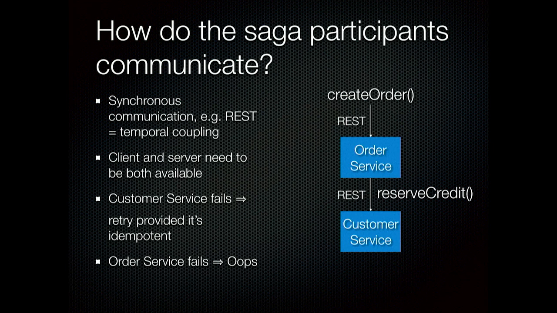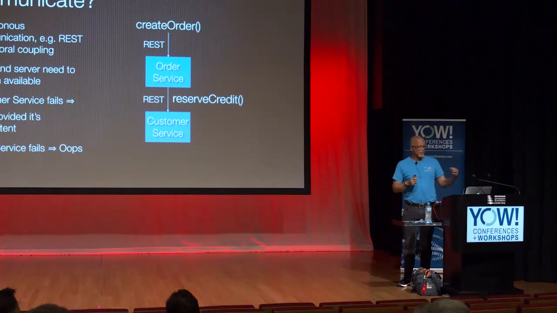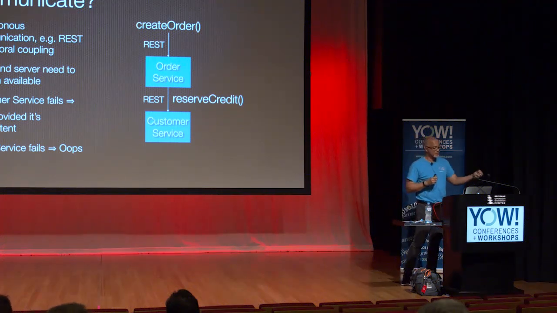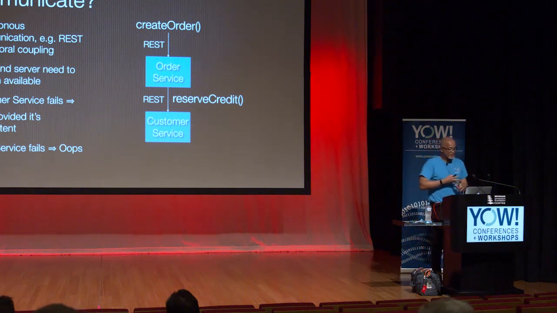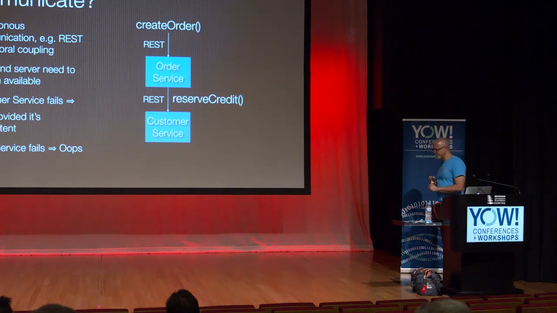And then the other issue you run into is how to recover from failure. So the customer service could fail. That's a simple recovery because the order service could just keep retrying until it succeeds, assuming that the reserve credit operation is idempotent. But what happens if the order service fails?